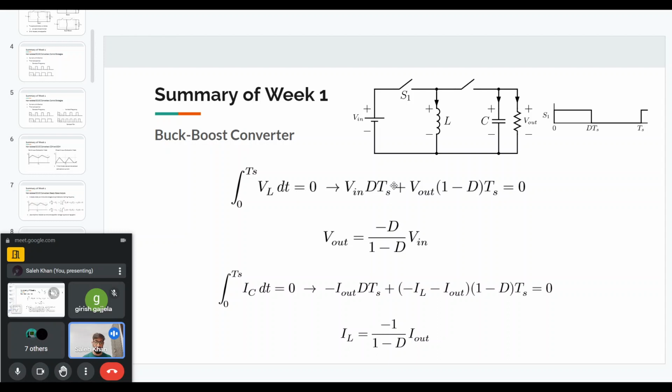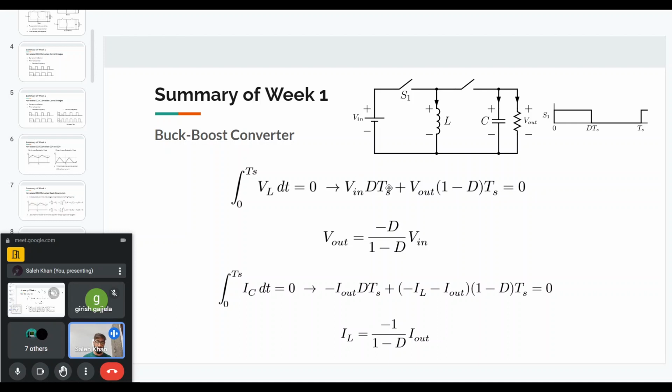So in the dTs interval, the voltage across the inductor is Vin. Then I add the voltage across the inductor during the (1 minus d)Ts interval, because this interval is just dTs to Ts, which is (1 minus d)Ts. And this whole sum is equal to 0.